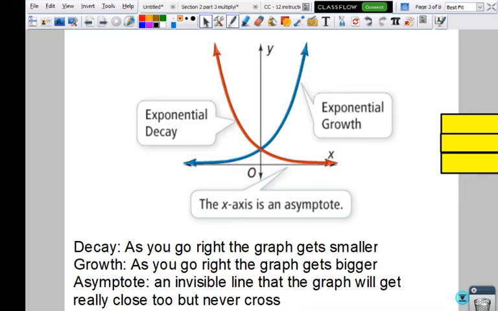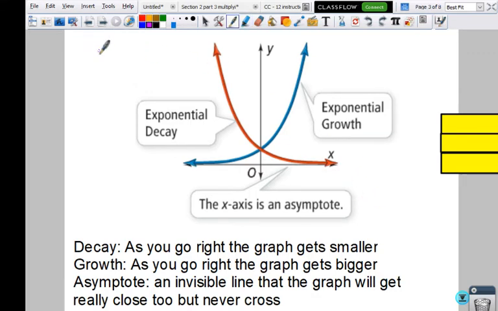So this exponential decay function right here is going down, right? But it will never actually go down and cross this x-axis. It'll just keep getting really, really close to the x-axis. But it never crosses. So it's like an invisible line your graph will never cross.